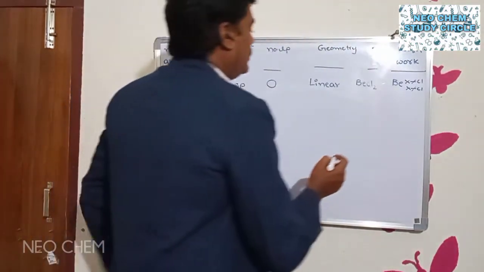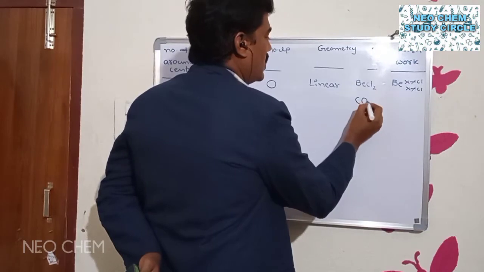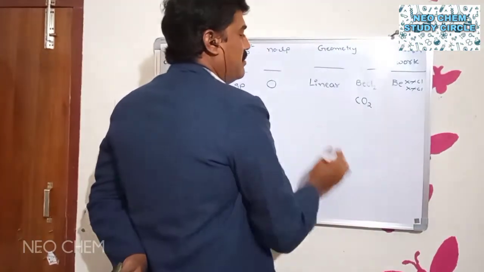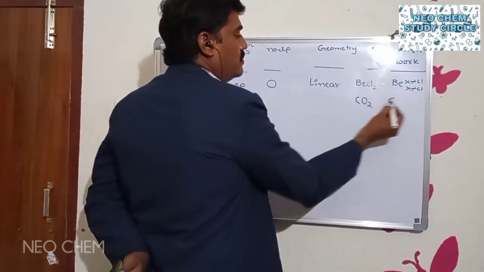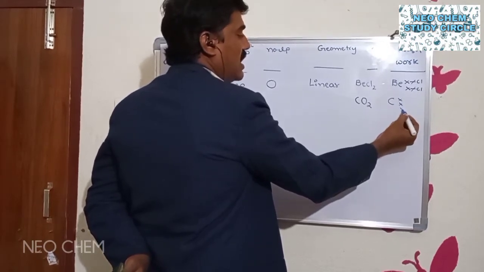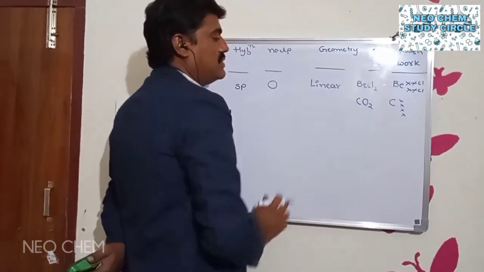One more example, CO2, carbon dioxide. Here central atom is carbon. Carbon belongs to fourth A group, so it should have 4 valency electrons, like this. Next, there are 2 oxygen atoms.